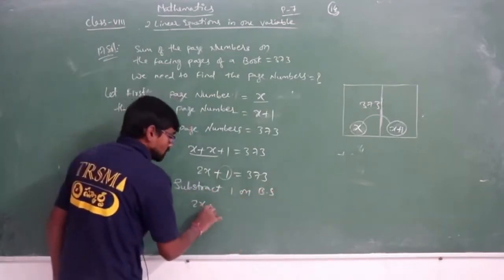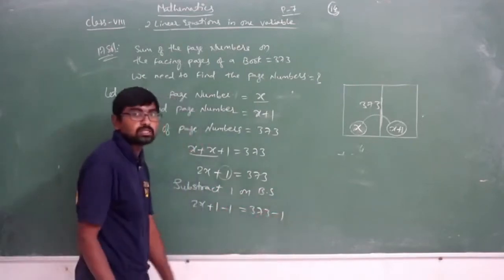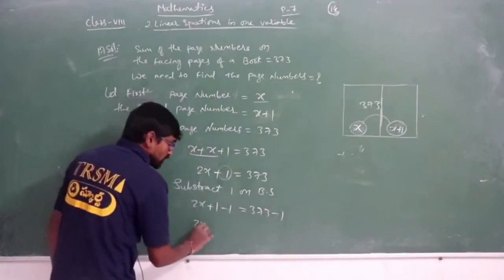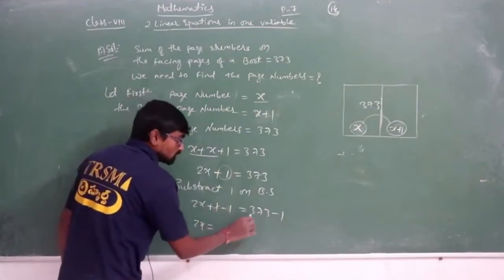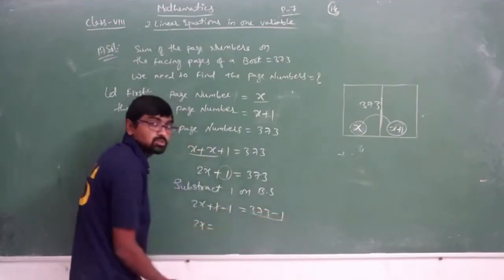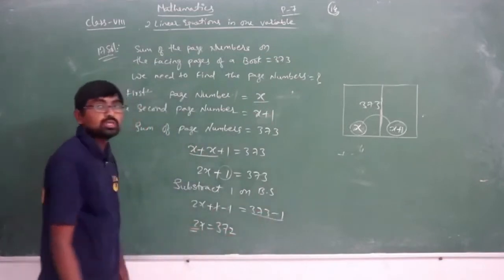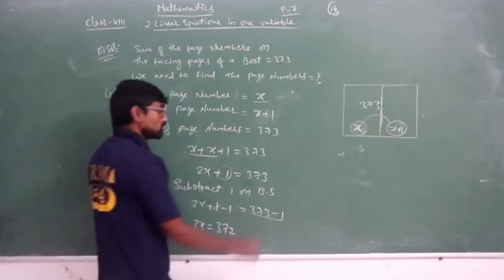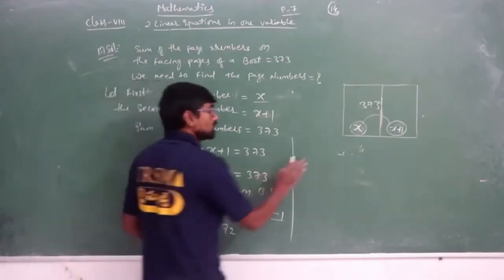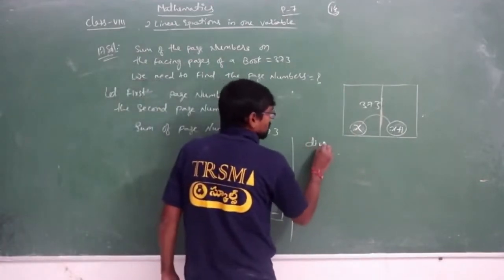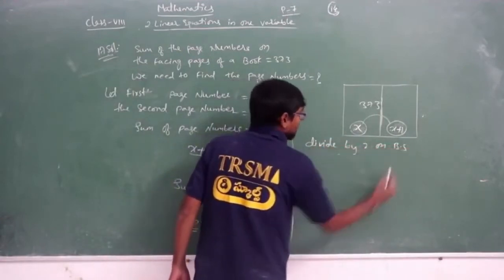So 2x plus 1 minus 1 is equal to 373 minus 1. 2x plus 1 minus 1 becomes 0, equal to 373 minus 1, which is 372. Again 2 is multiplied with the variable, so I need to use the multiplicative inverse, that is divide by 2 on both sides.